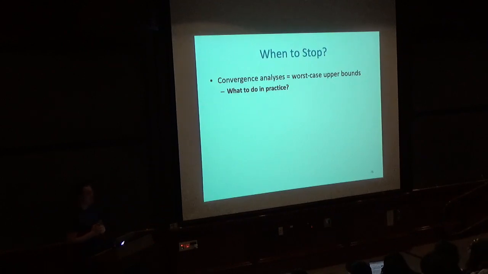Sometimes they might say something that you would never do in practice, like, if you want to be within 1% of optimal, you need a billion iterations to guarantee it. In the worst case, that might be true, but what about my specific instance of a learning problem? Do I really want to rely on theory exactly? Because there's a gap between theory and practice, a little bit of trial and error needs to happen. And of course, if you're interested in machine learning research, because there's a gap between theory and practice, there's always an opportunity to do interesting machine learning research.